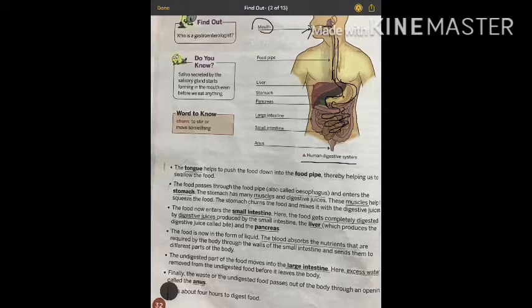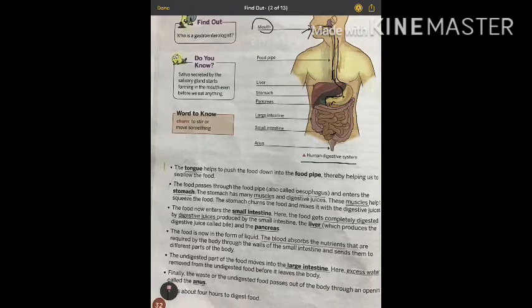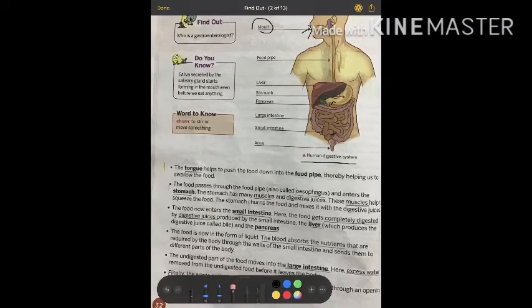This small intestine is then connected to this big intestine, also called the large intestine. You can see here, yes, this is the large intestine. I will just rub this so that it is a little clearer to you.